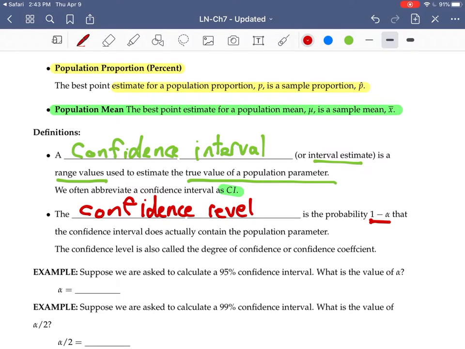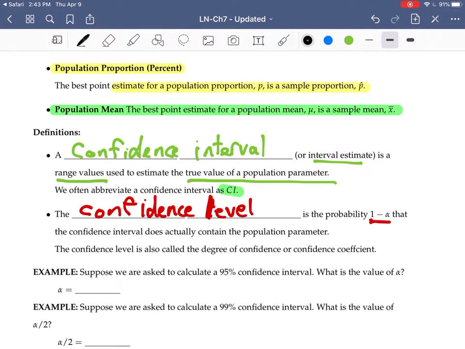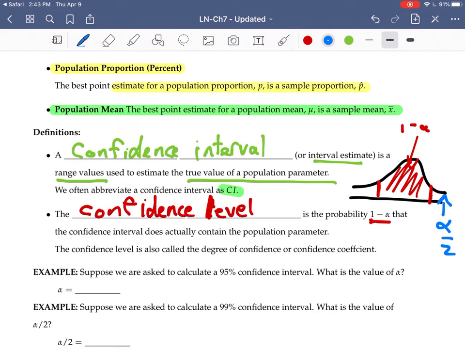If we happen to have a normal distribution that we're building this on, and sometimes we'll have something else, that 1 minus alpha seems a little weird, but really what we're saying is that in the middle of this normal distribution, we're going to have an area of 1 minus alpha, and then in the two tails we have the other alpha, so half of it is in one tail and half of the remaining part of alpha is over here.